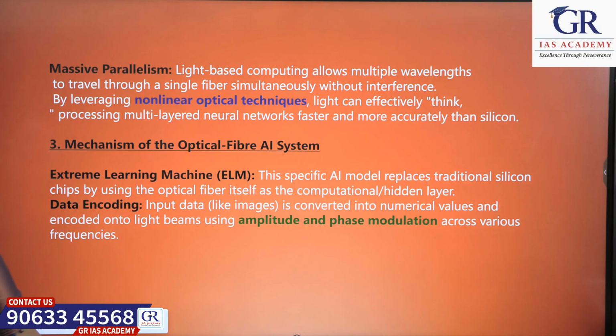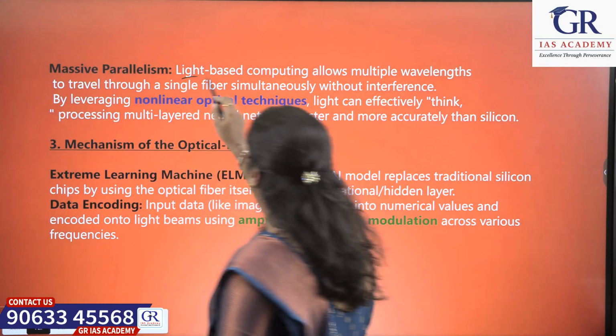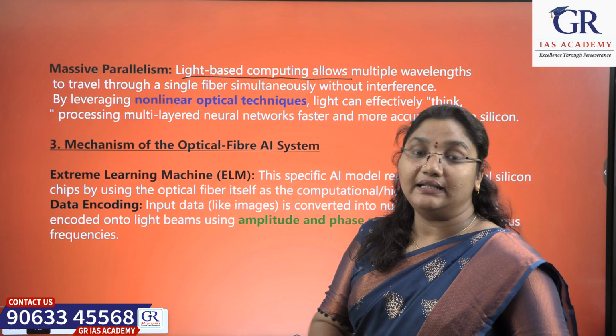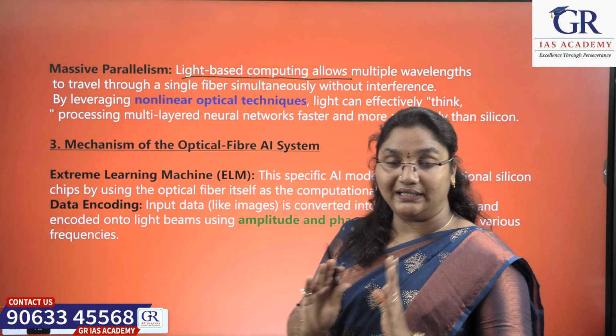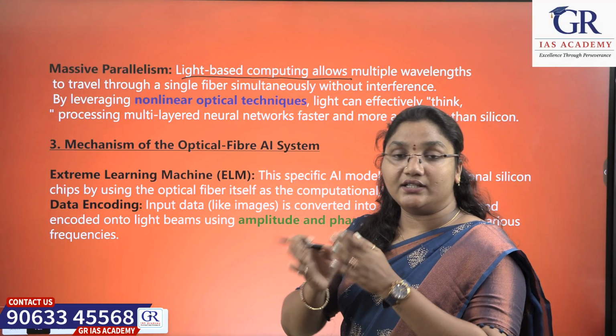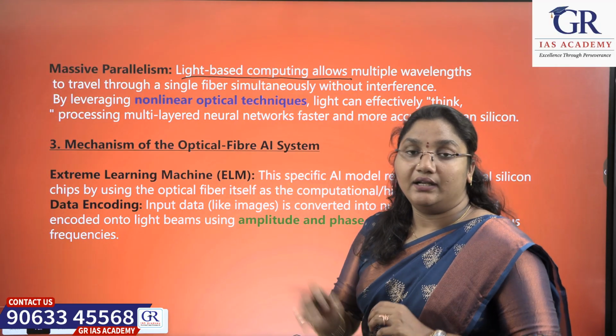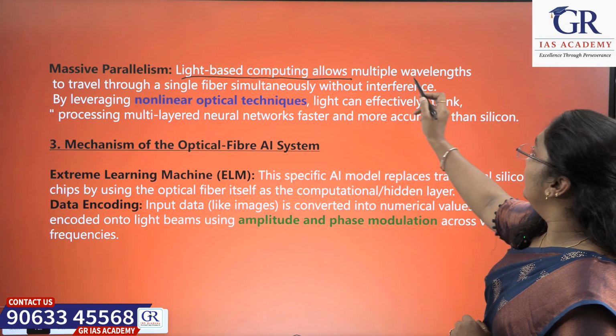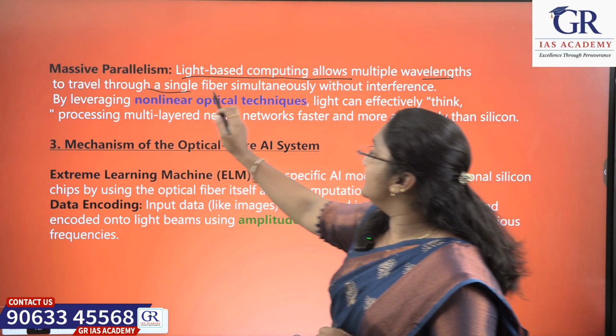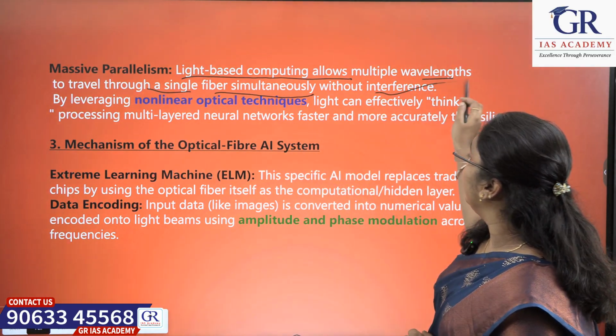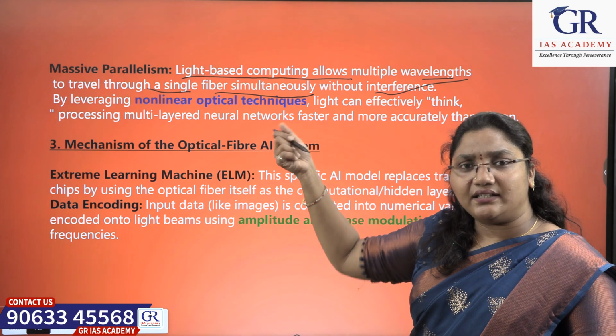Next, massive parallelism. It is light based computing. This is completely working on light, not on electricity. Multiple wavelengths can travel in a single fiber simultaneously without interference, which gives accuracy also.